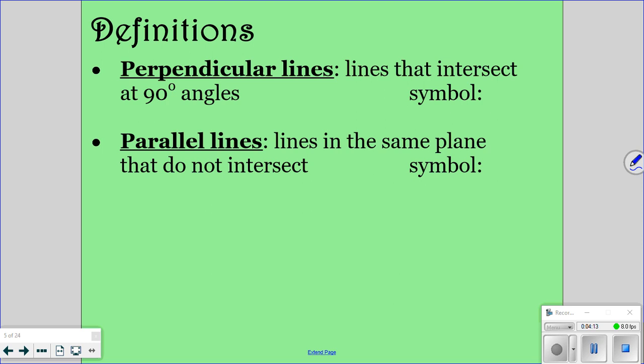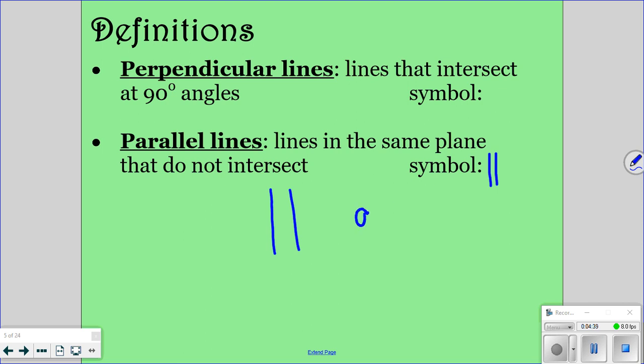Parallel lines means that they do not intersect. We just talked about parallel lines. One example would be your railroad track. Those 2 are never going to cross. They're never going to touch each other. They have to be parallel. The symbol for parallel, the book does it straight up and down like that.